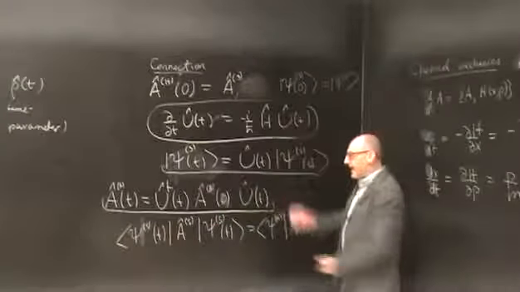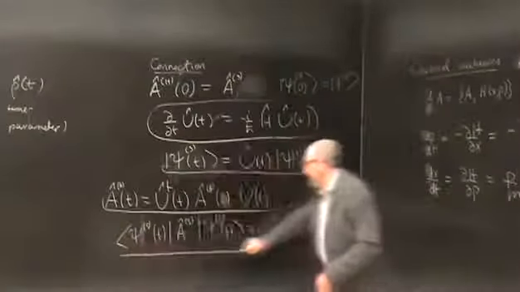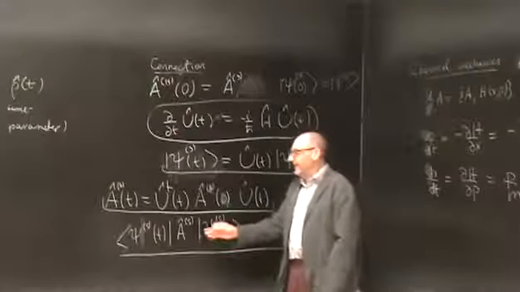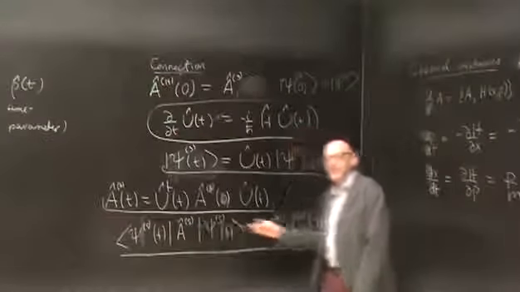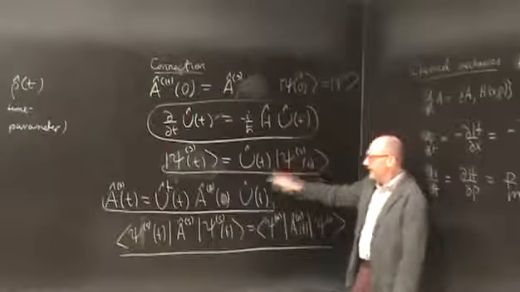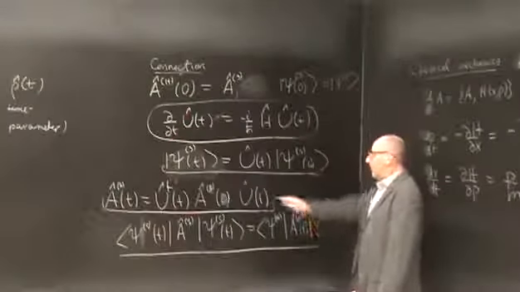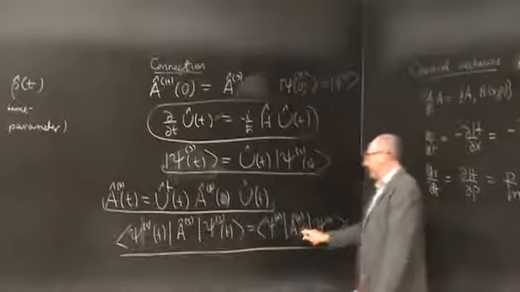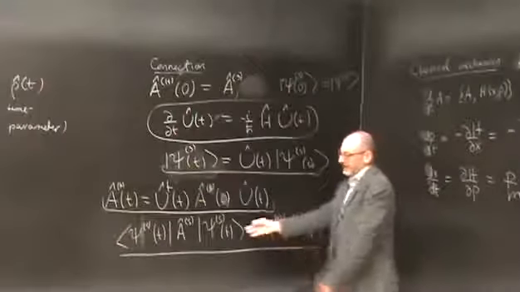And by this connection, what that means is that any expectation value is the same whether I calculate it in the Schrödinger picture or the Heisenberg picture. So I plug in for the state this way or the operator this way, and I look at them, then they'll be the same.